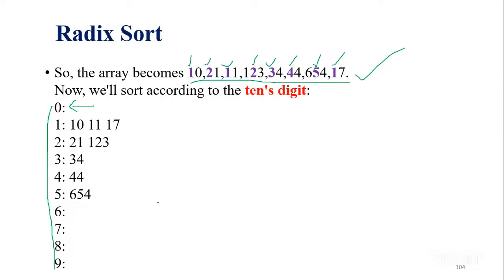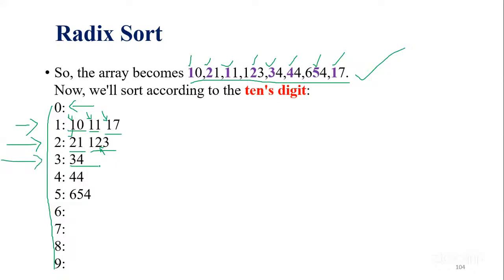Then observe all the numbers where we have 1 in the tens position: 10, 11, and 17. Next, row 2. Identify the numbers where we have 2 in the tens position: 21 and 123. Next row 3.